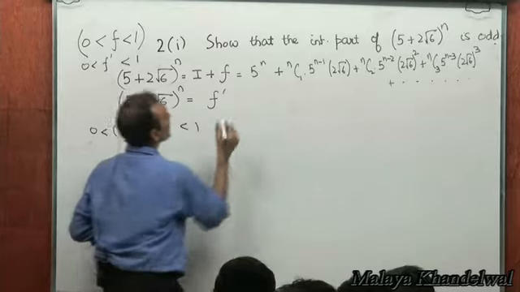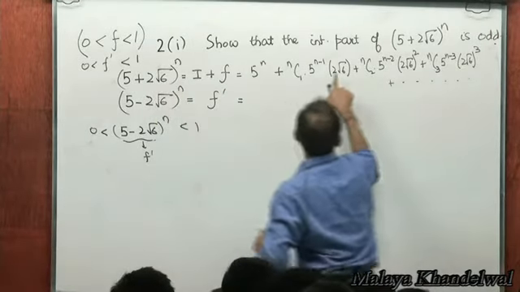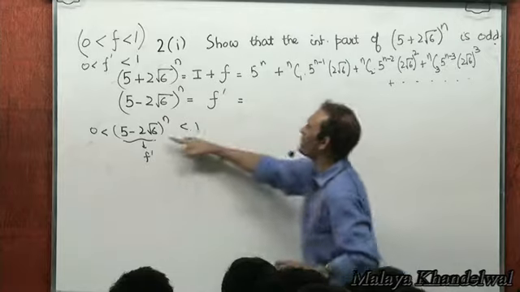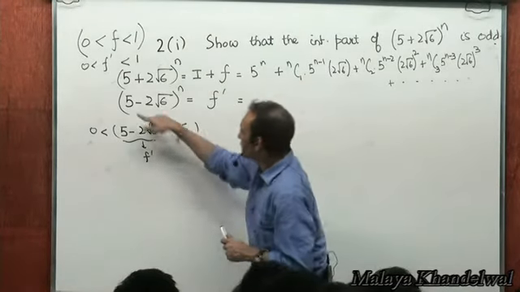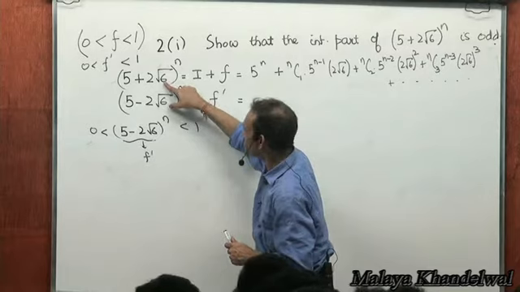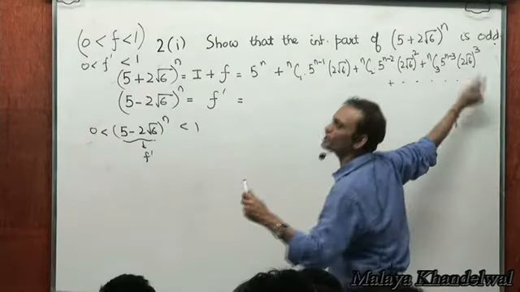Now, to expand this, wherever 2 root 6 appears, I replace that by minus 2 root 6, and I'll get the expansion of this.